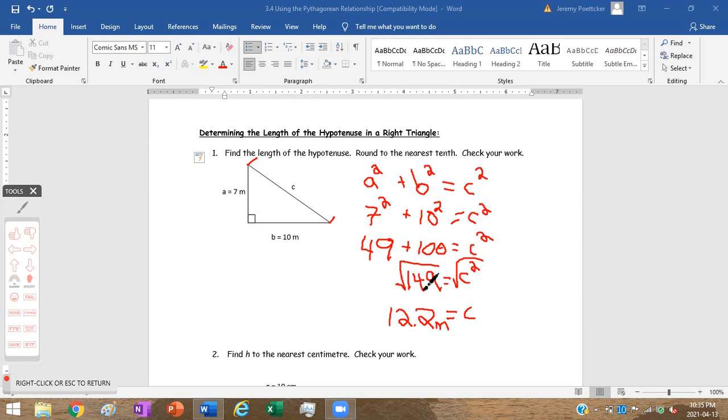I have rounded, so when I check my work, it's not going to be perfect, but it just needs to be close. 12.2 squared, so 12.2 times 12.2. My calculator spits out 148.84. That's real close to 149. I'm happy. I will show you the check on the next one, but we'll call it good for this one.